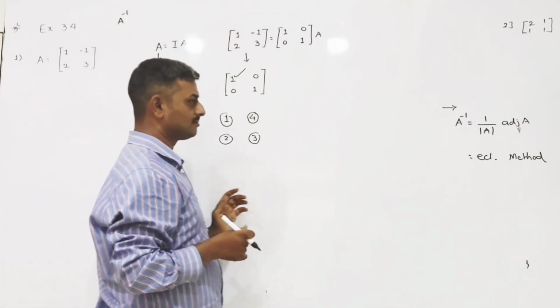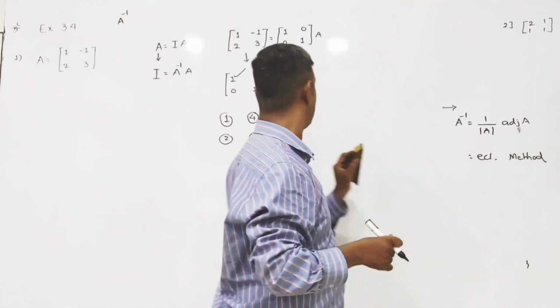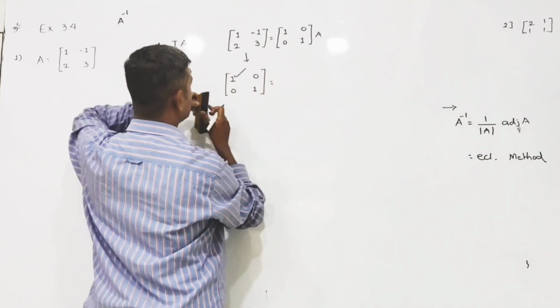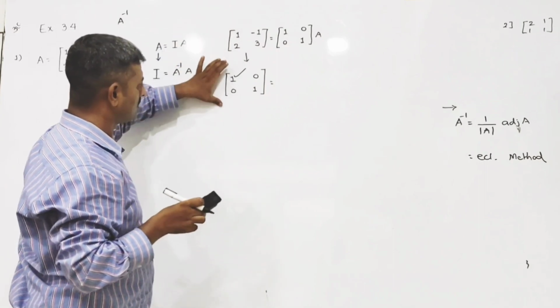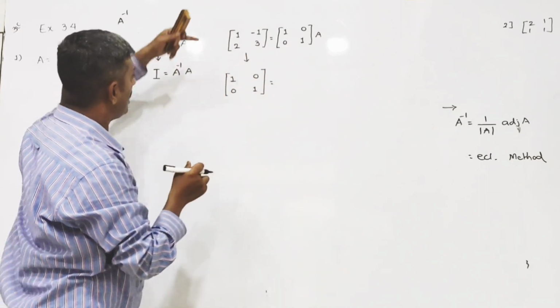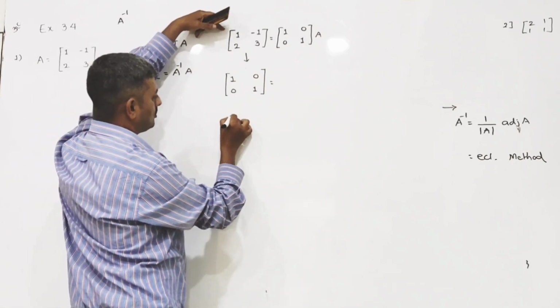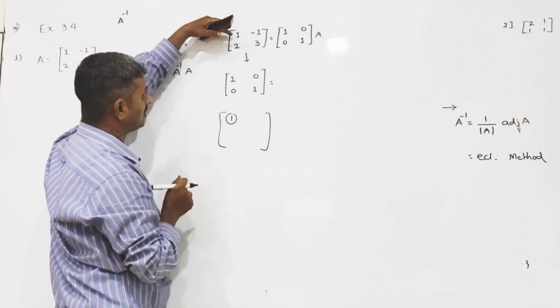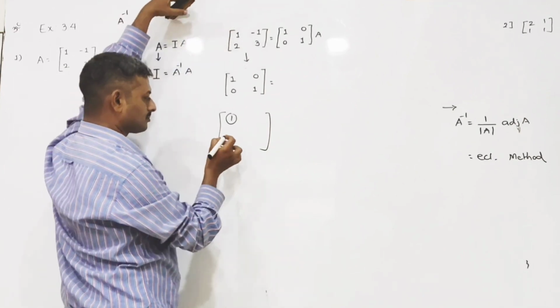Again, our matrix is this, and I want to convert it into an identity matrix. So how to convert? The first step is to make this element 1.